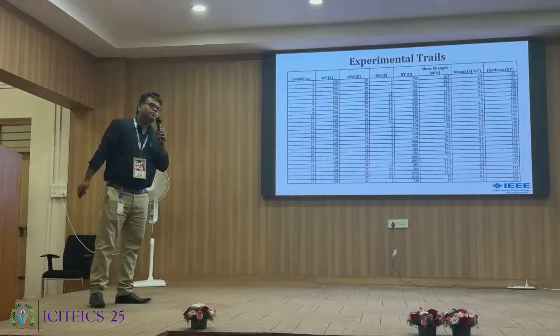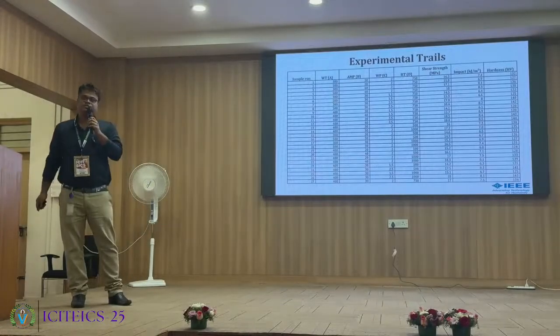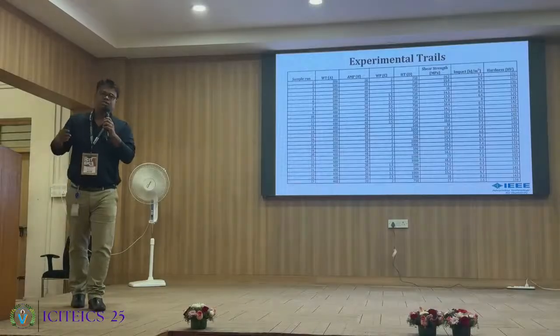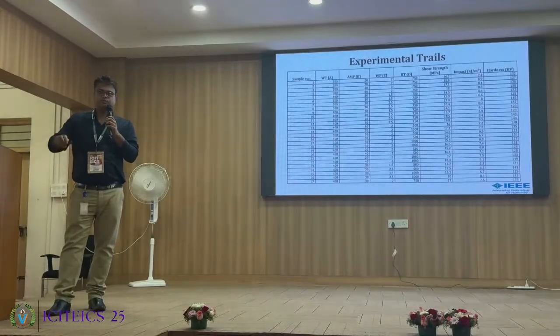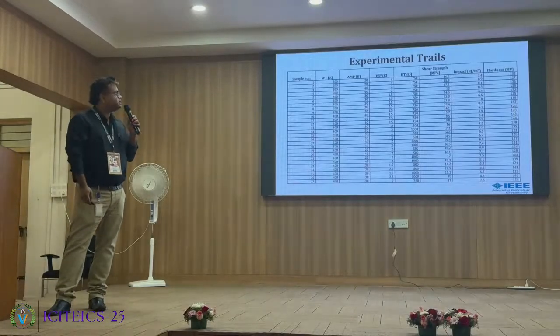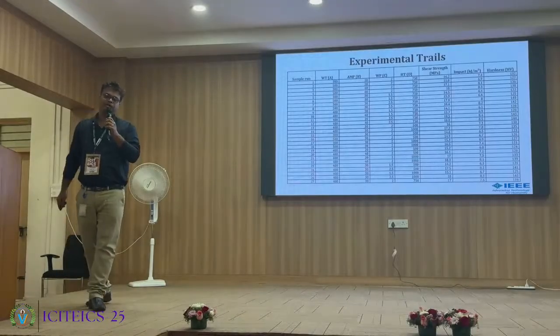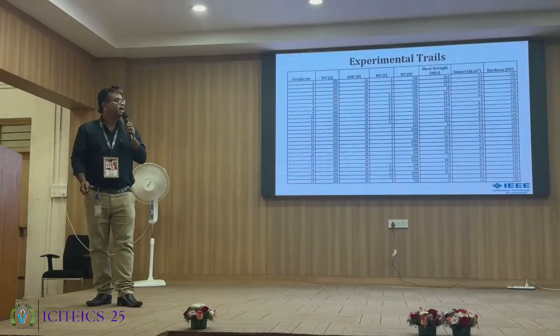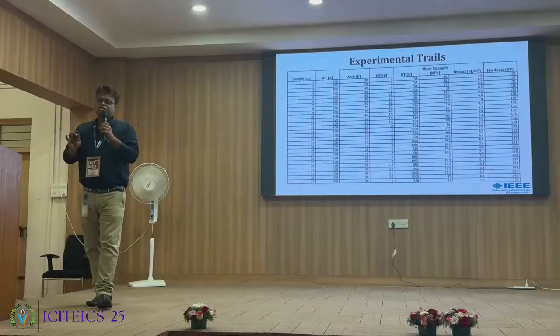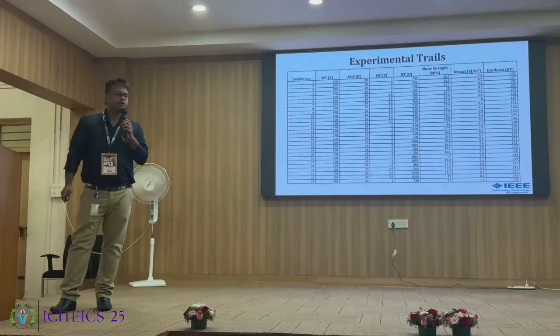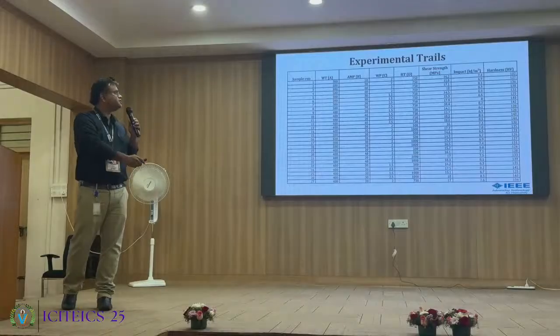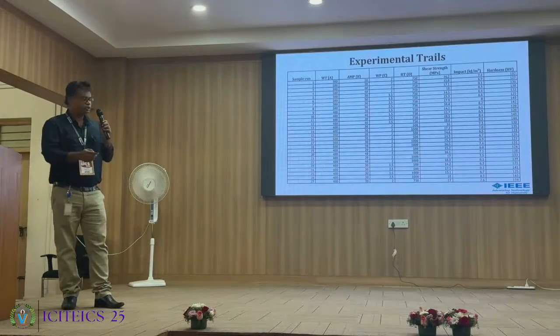The mechanical properties are shear strength, which means the stress a material can absorb before breakdown; impact energy, the energy absorbed by the material before fracturing; and hardness, which is basically the resistance of a material against breakdown. All these three properties are measured with respect to the variation of the force.